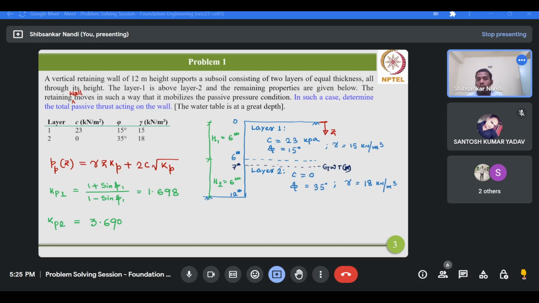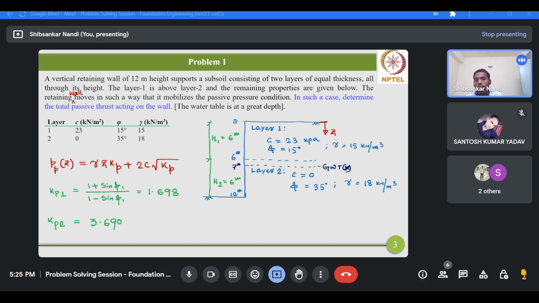Now once you enter layer 2, you have a water table location at a depth of 7 meter. So you have to calculate the passive earth pressure at this level also, at 7 meter. Otherwise, you can directly move on to the base of the retaining wall, z equals 12 meter.